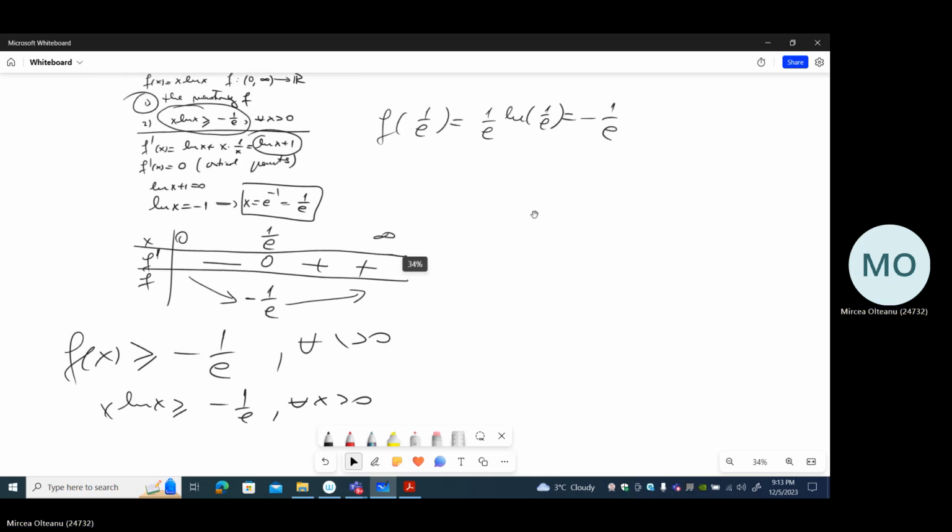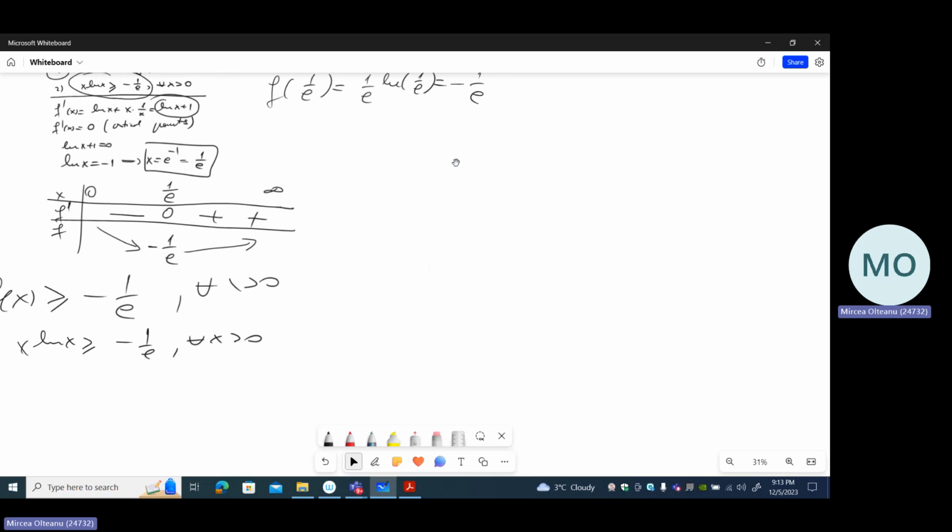Now, further, if we compute the limits at 0 and at infinity, then we can sketch the graph of the function for a better understanding of the behavior of the function. Now, limit when x tends to 0 from the right of x logarithm of x: x tends to 0, logarithm of x tends to minus infinity.